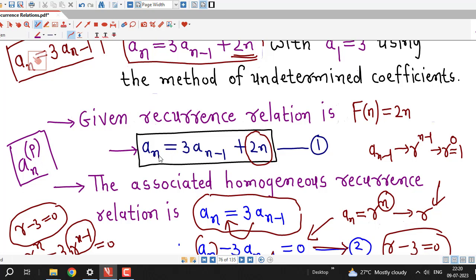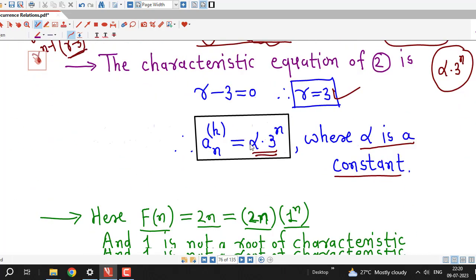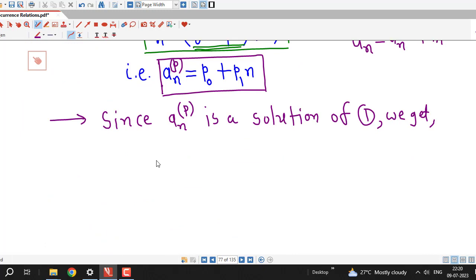So I will have anp equal to 3 times a n minus 1 p plus 2n. So that I am writing here: anp equal to 3 times a n minus 1 p plus 2n. Now I put the value of anp.